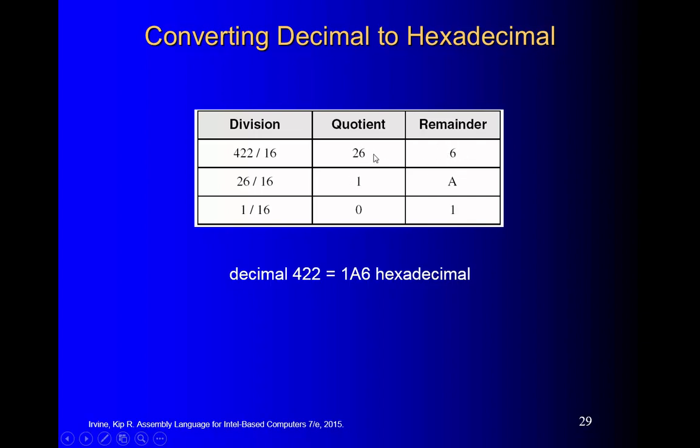Then we continue 26 divided by 16, and our quotient is 1, and the remainder is 10. 10 means A. And finally, you use 1 divided by 16. You don't have a quotient integer, that's 0, but you have remainder 1 here. So your answer should be 1A6 for hexadecimal.